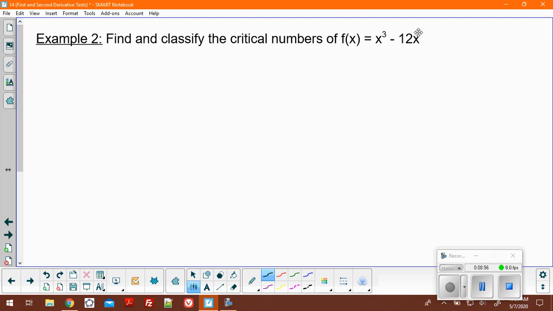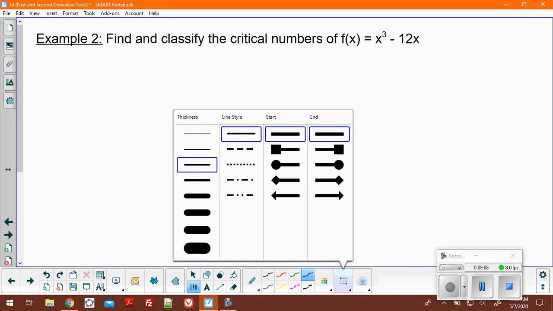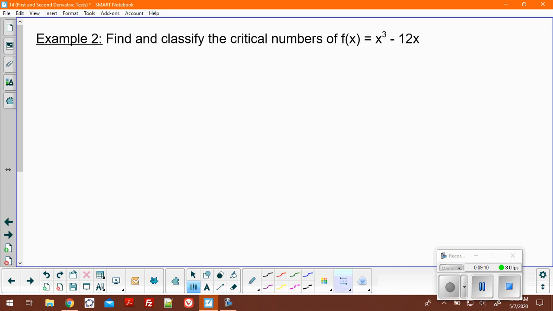So let's take this function and put that to work. We're going to find and classify the critical numbers of x cubed minus 12x. So first, before I can do that, I need to take my derivative. So f prime of x is equal to 3x squared minus 12.